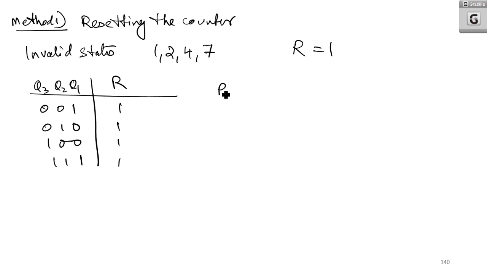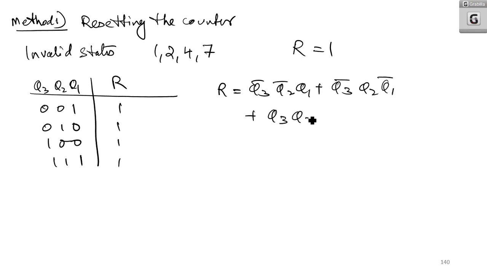Therefore, reset we can write as Q3 bar Q2 bar Q1, or Q3 bar Q2 Q1 bar, or Q3 Q2 bar Q1 bar, or Q3 Q2 Q1.